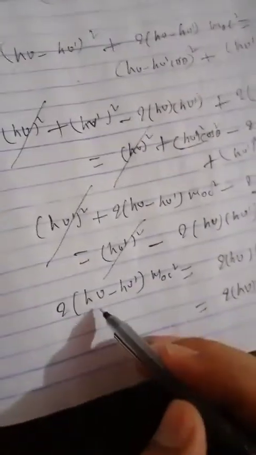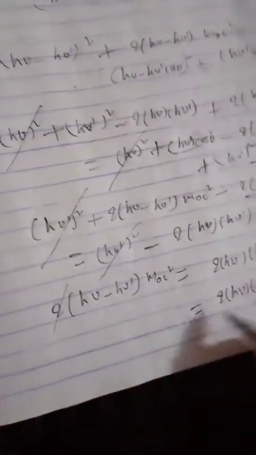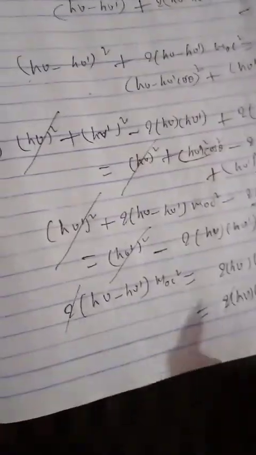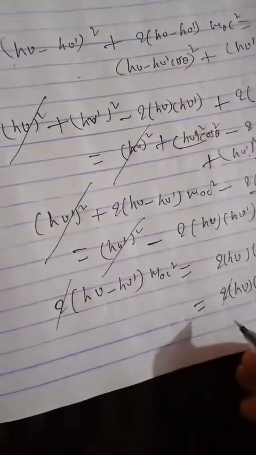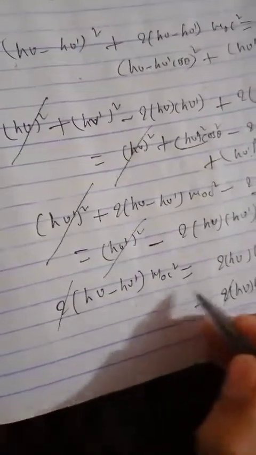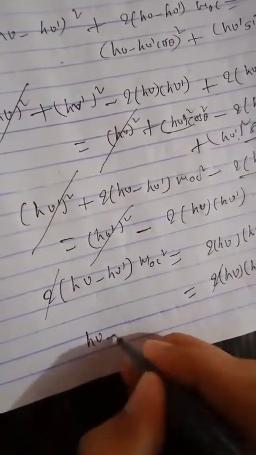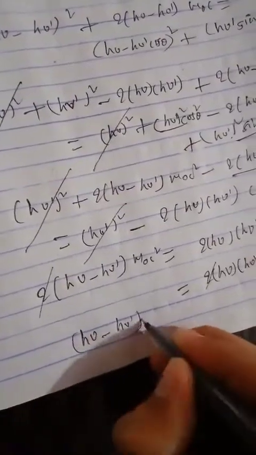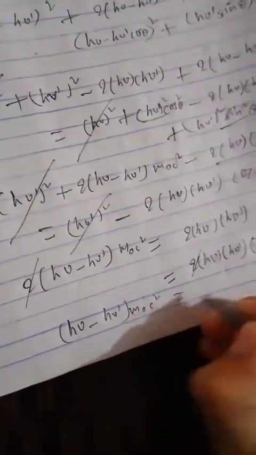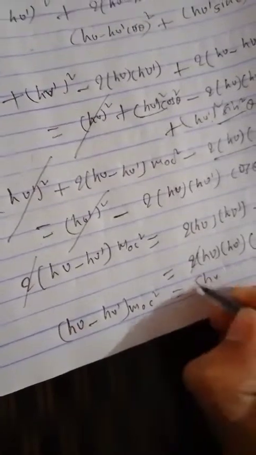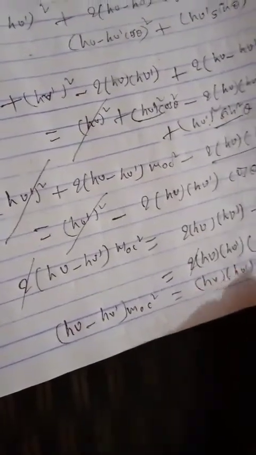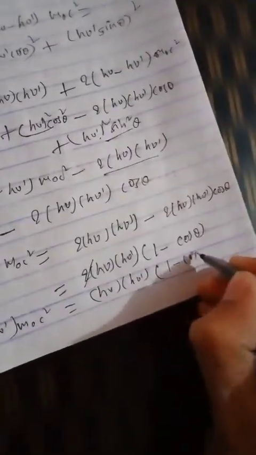So now look at here, this and this 2 will be cancelled out. Okay, so what we do is that, we have finally (h nu minus h nu prime) times m naught c square is equal to h nu into h nu prime into 1 minus cos theta.